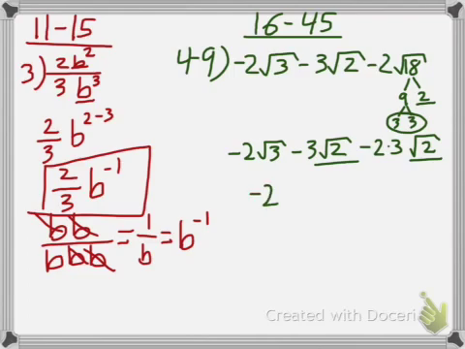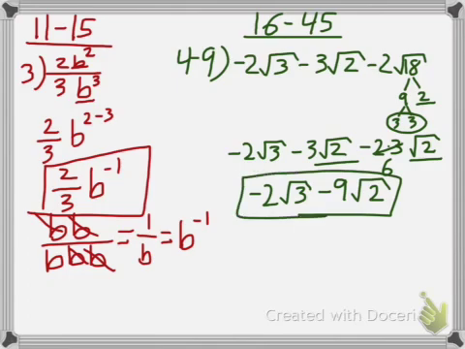So I have negative 2 square root 3, it isn't combined with anything, and then let's just make this as 6. So I have negative 3 square root 2 minus 6 square root 2, and that can be kind of confusing, but just imagine like it's negative 3x and negative 6x, okay? So just in your mind, imagine negative 3x minus 6x. So negative 3x minus 6x would be negative 9x, but instead of x, I'm going to put square root 2. And that's it. It does not simplify down any more than that.